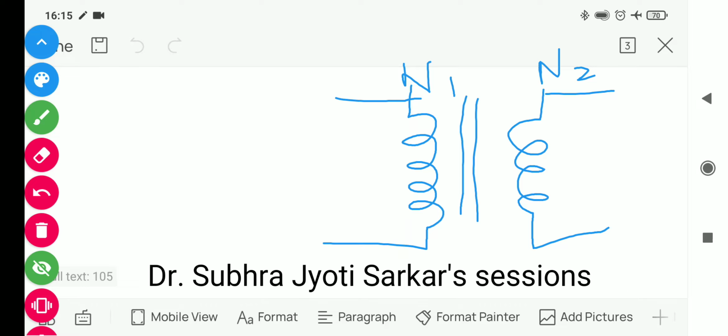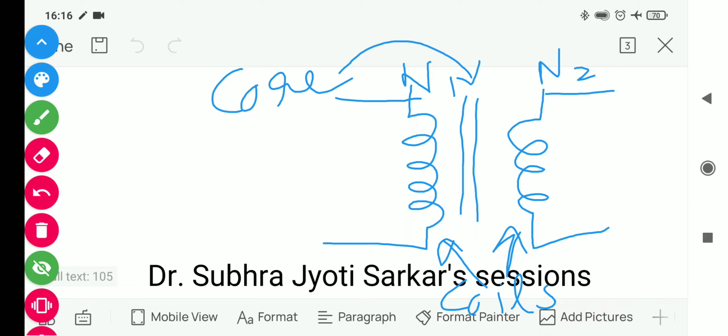So this is the circuit representation of a transformer, where these two are the coils and this one represents the core.